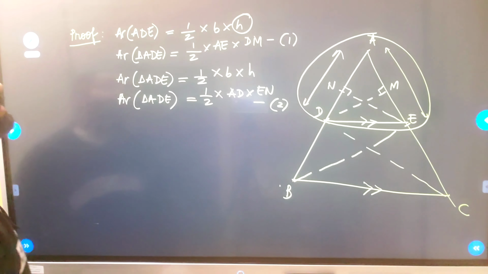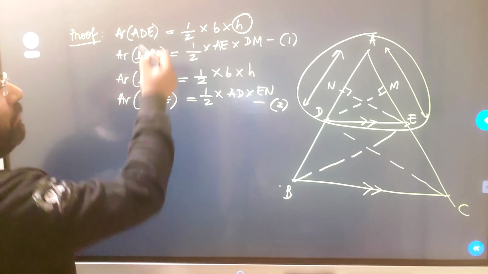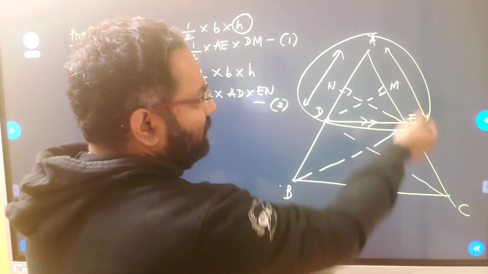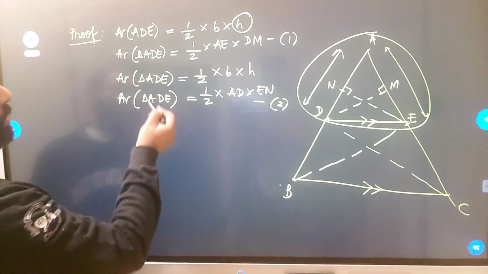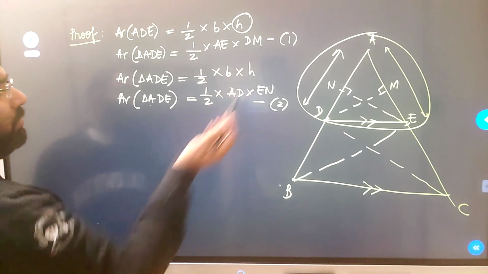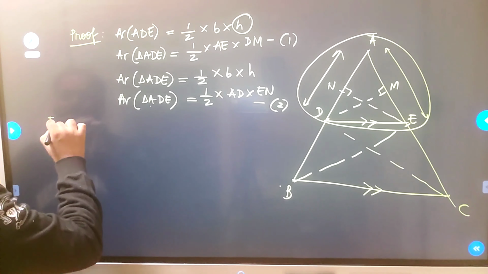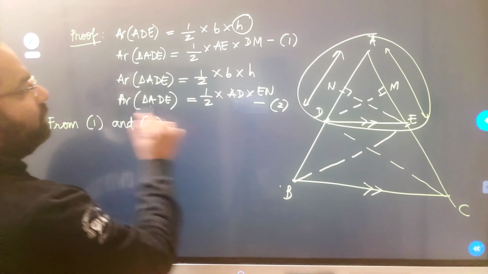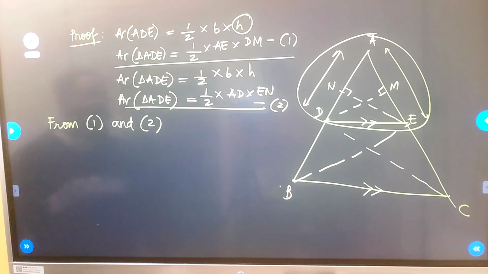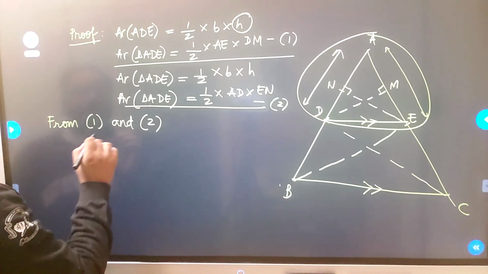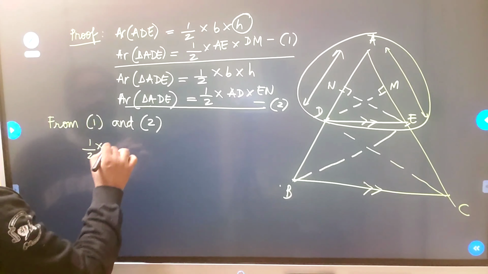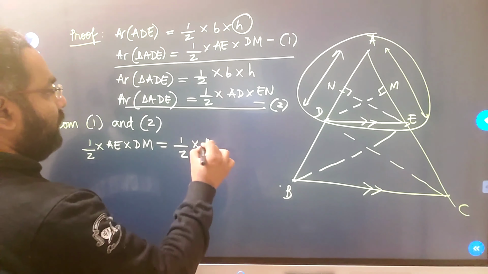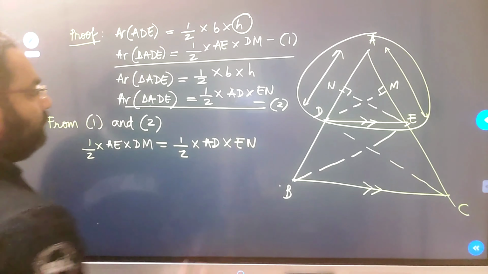What's wonderful about this is, both are giving me the area of the same triangle. The only thing I did was change the base and the height, but eventually it gave me the same triangle. So since both of them are equal to each other, I'm going to equate both. From 1 and 2, since they give me the same area, I get half AE into DM is equal to half AD into EN.